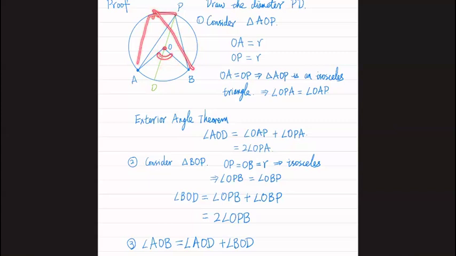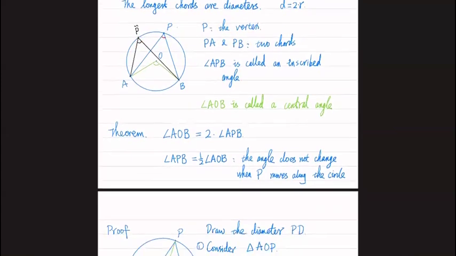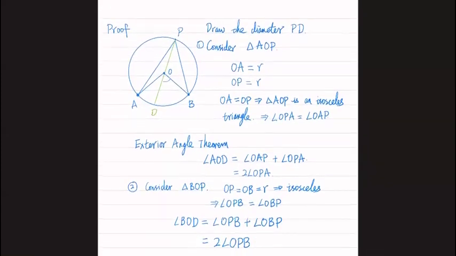In particular, when P moves to another point on the circle, the two angles are the same. Very useful theorem, and we will use this many times in the future. So you should remember this and how we prove it. In our homework, I will ask you to give a different proof, similar but slightly different.